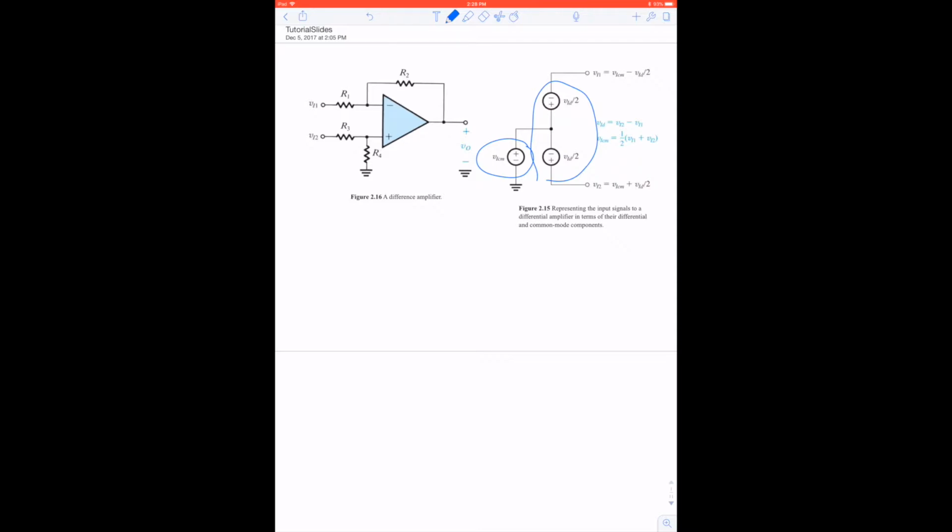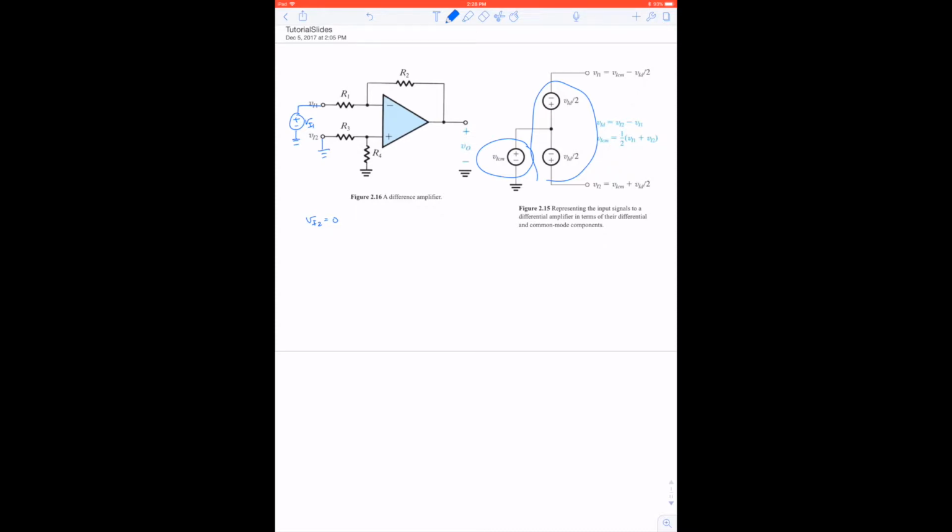To solve it by superposition, we would like to ground one of the inputs and then put a test source, which I'm going to call Vn1, onto the other input. So when Vn2 is equal to 0, what is the output in terms of Vn1?